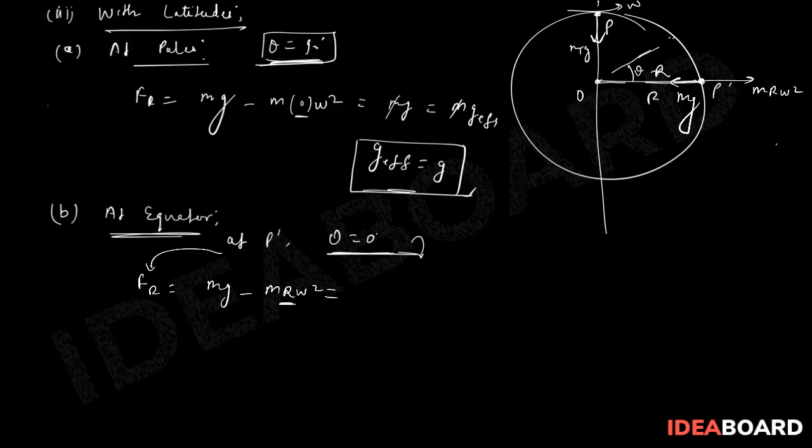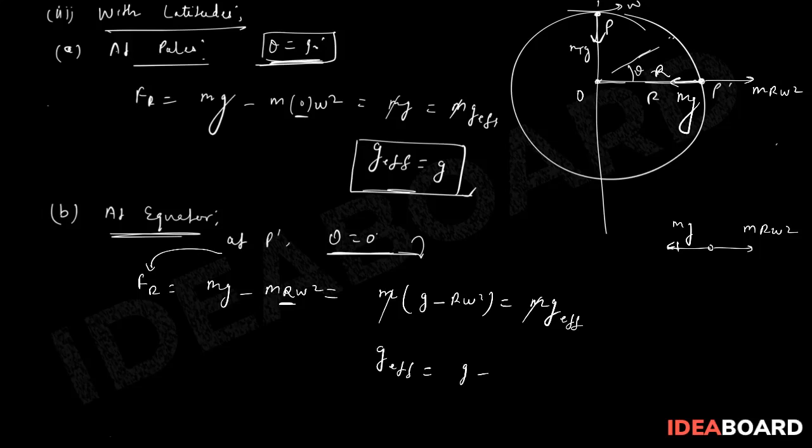This time small r will become capital R only, and because there are two opposite forces, the resultant can be simply written as mg minus m R omega square. You don't need to use that bigger vector formula, which gives g minus R omega square, which is nothing else but g effective. So this time you are observing g effective is changed, which is g minus R omega square.